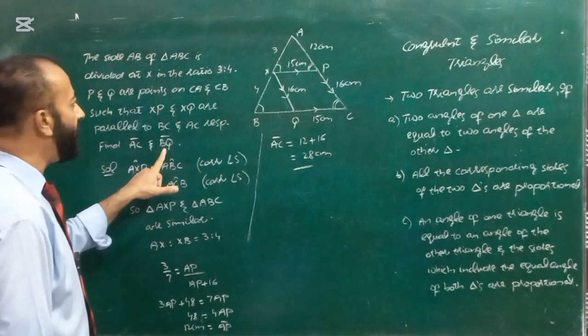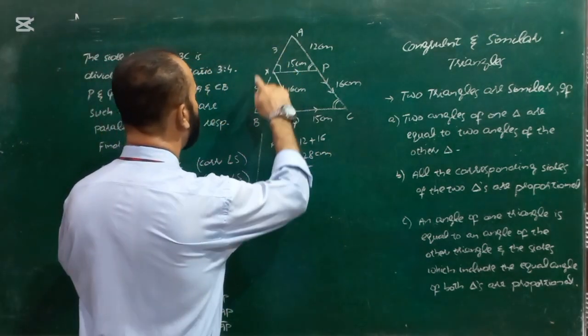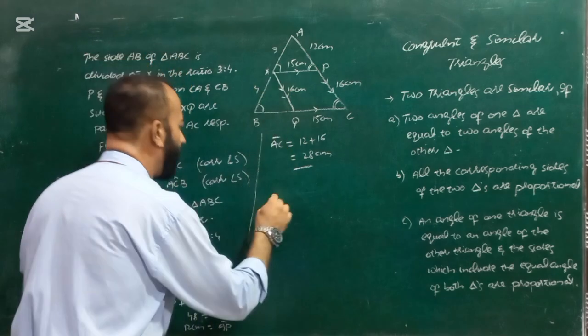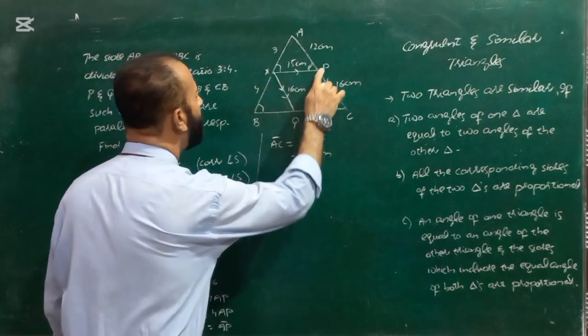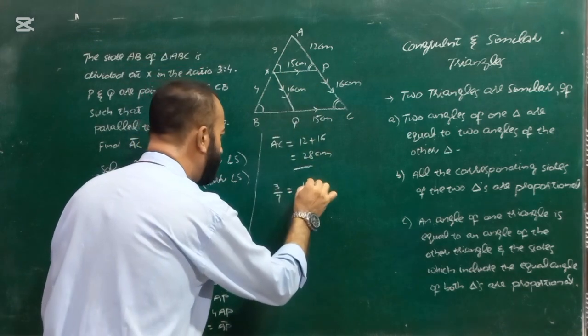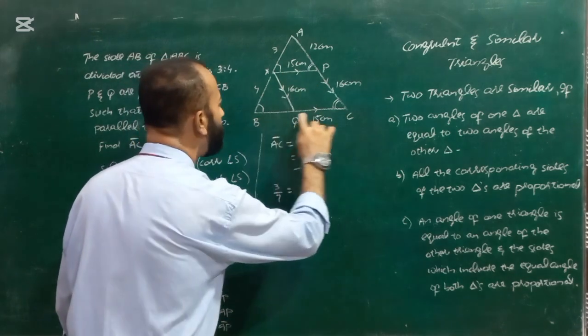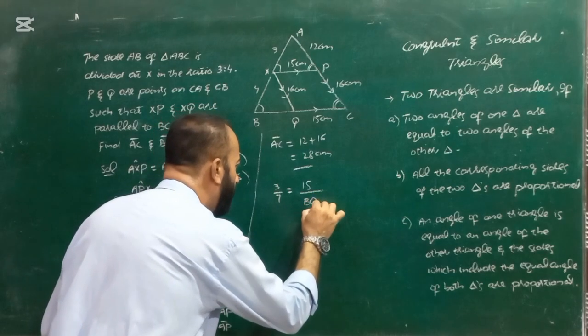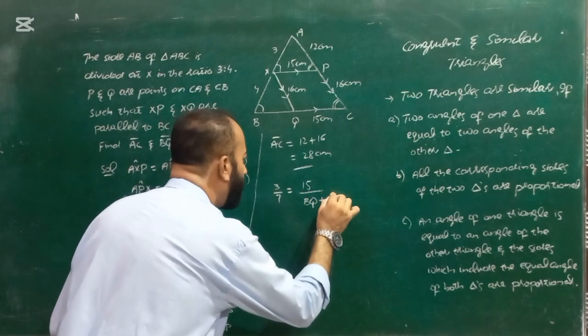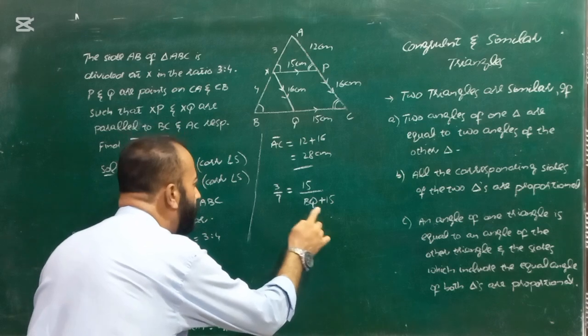Next requirement is BQ. Again we are moving from smaller to bigger. So 3 by total 7 is equal to smaller to bigger, that is 15 over, this is bigger, so BQ plus 15. Cross multiplying the values, it will come here.